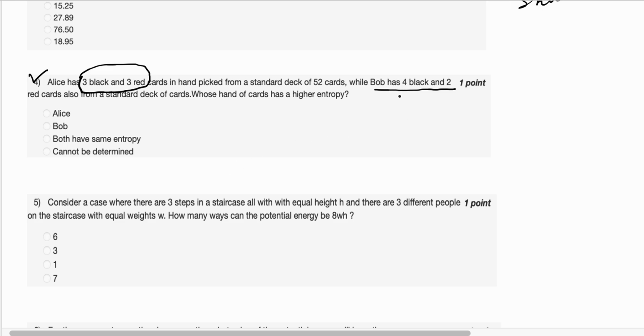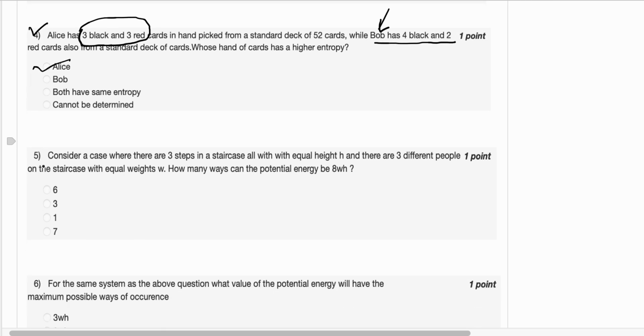Bob's microstate has less entropy, which means Bob has higher information. So the question, whose hand of cards has higher entropy, the answer is Alice's hand of cards has the higher entropy.